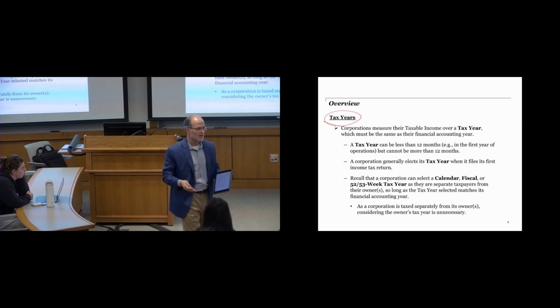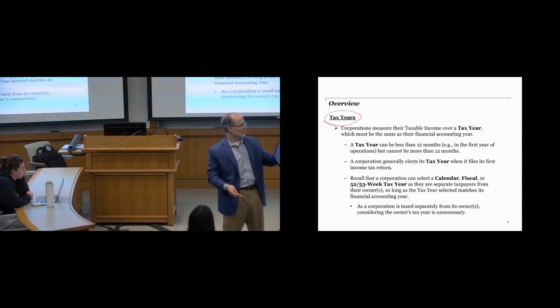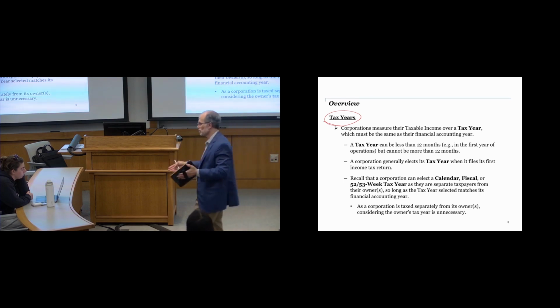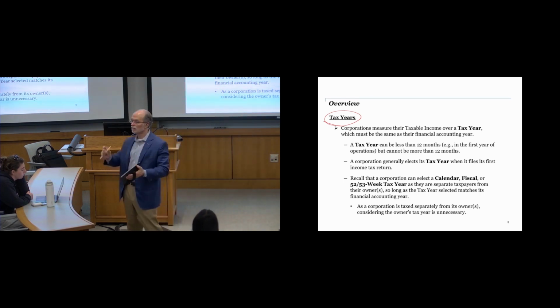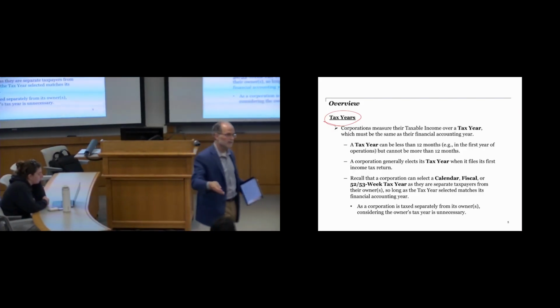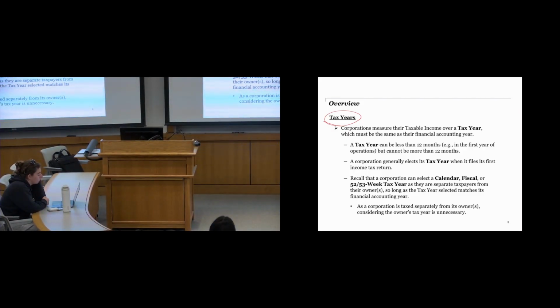So if you're using a calendar year for accounting purposes, you're going to use a calendar year for tax purposes. Using a fiscal year, remember, a fiscal year ends at the end of a month other than December 31st. So if you have a year that's October 1 to September 30th for accounting, that's going to be your tax year as well. And that allows you to leverage off of the accounting information.